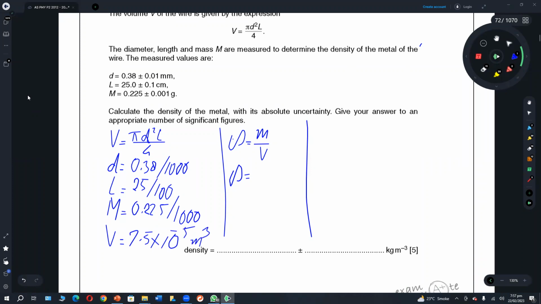Yes, so put it in the formula to get density, mass upon volume.